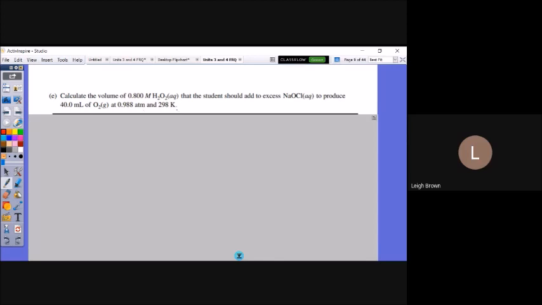Here's our problem, though. This is not going to work. We cannot use milliliters, so you have got to change milliliters to liters. Let's go ahead and do that.